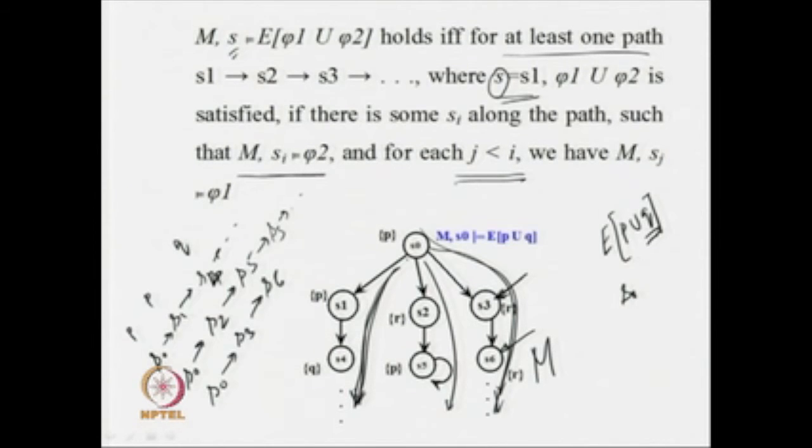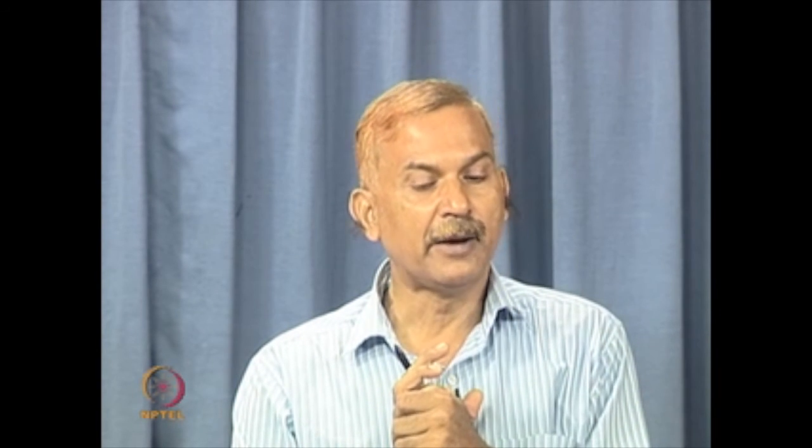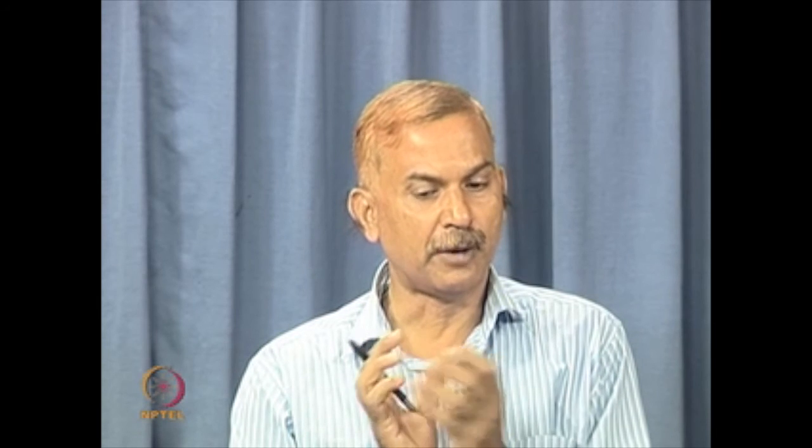Now, till now we have seen one particular temporal logic which is known as CTL, computational tree logic. Generally, the truth values of temporal logic are defined over a model which has transitions and states, but in case of CTL, we have already said that this model can be unfolded to a tree and the semantics is defined on a tree.